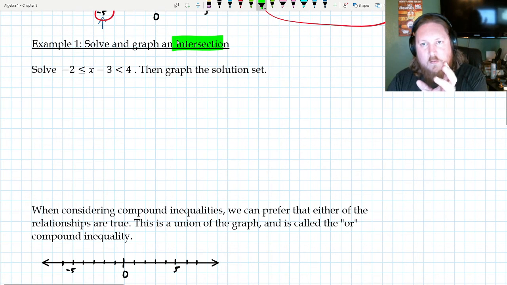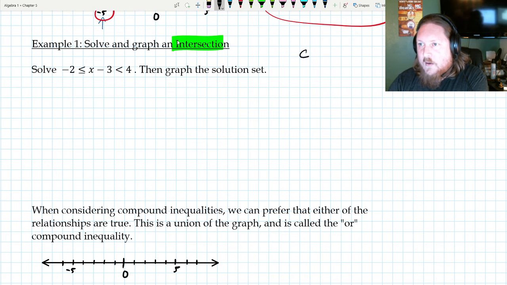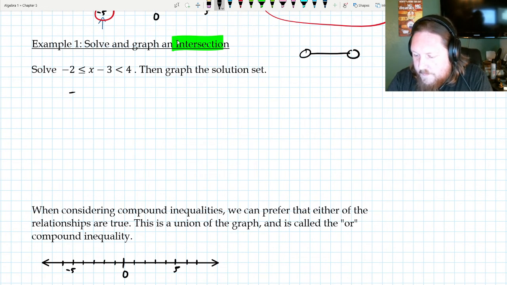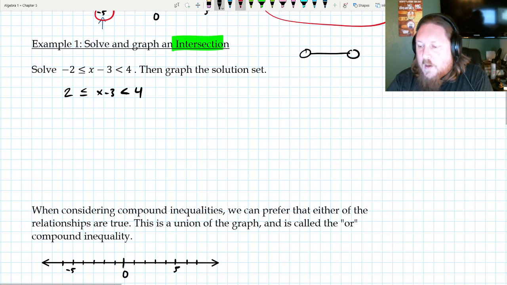So that's good. Now we know it looks like an and. And I know my graph is going to look something like a barbell. Either it's going to be closed in dots or open dots, but that's what it's going to end up looking like. All I have to do is try to solve this inequality like normal.